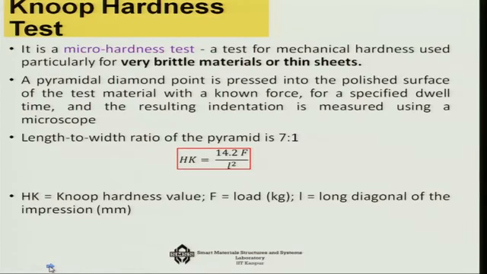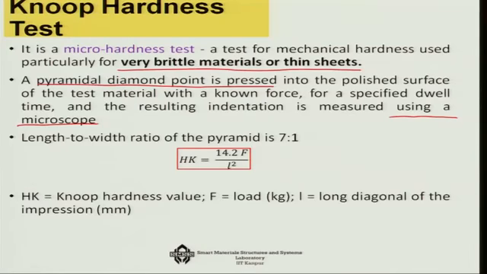The Knoop hardness test is mostly used for very brittle materials or thin sheets. Here you use a pyramidal diamond point, which is pressed into the polished surface of the test material for a specified dwell time, and the resulting indentation is measured using a microscope.